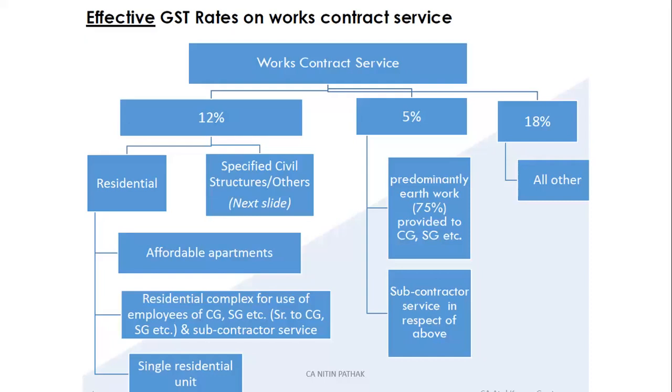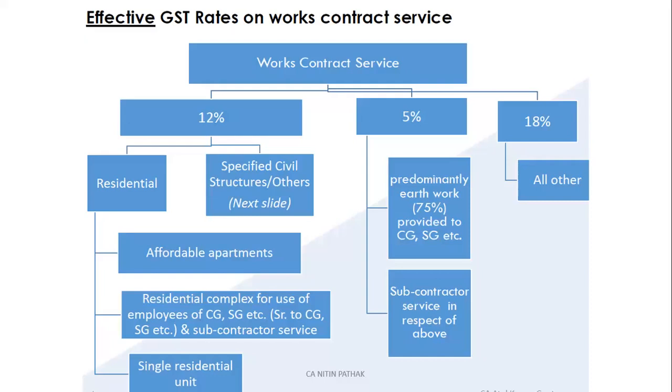But first, works contract 12%, 5%, rest is 18%. Under 12% in residential, there is affordable housing. If you are going in the 1% scheme and constructing under it, then 12% GST will apply. A residential complex used for employees of state government or subcontractors thereof, or a single residential unit, it would be 12%.